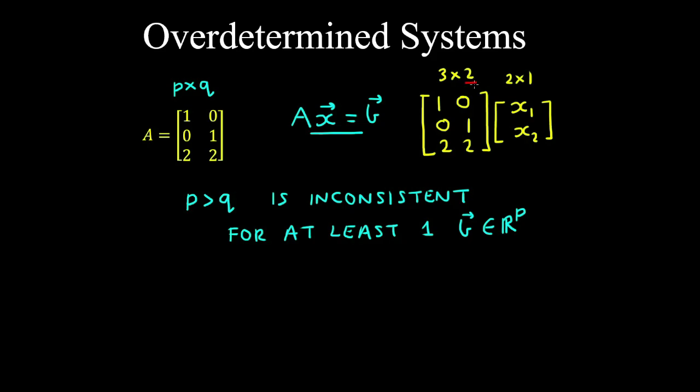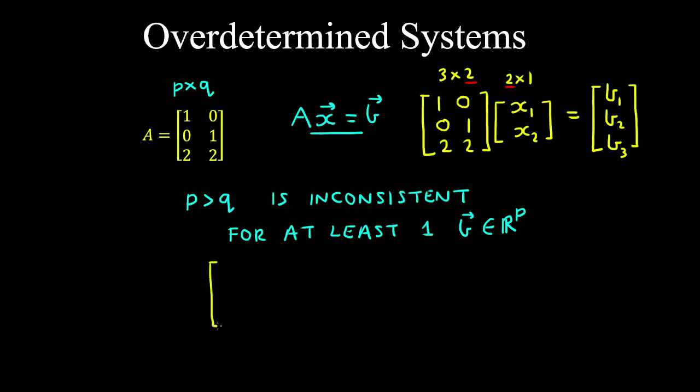So remember, the number of columns in A must be equal to the number of rows in X for this to be a valid matrix multiplication. And therefore our resulting vector on the right hand side will be a 3 by 1 vector. So we have the components b1, b2 and b3.